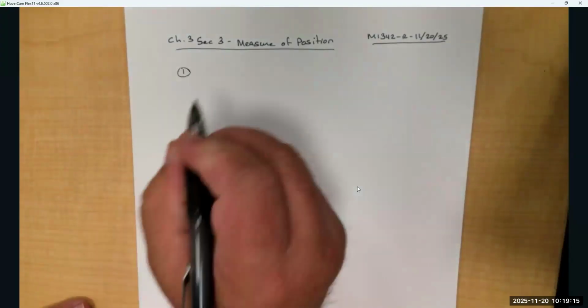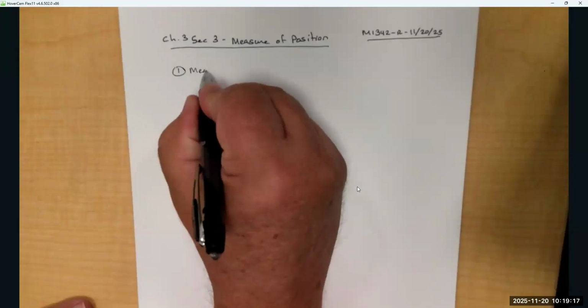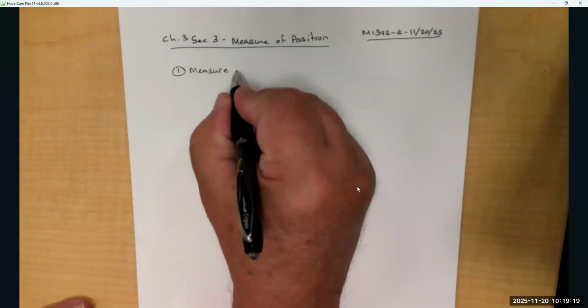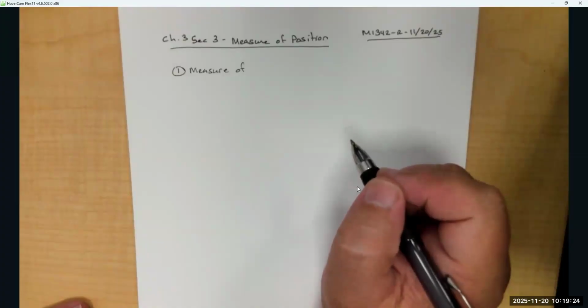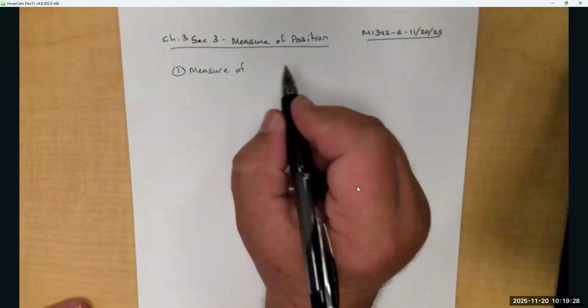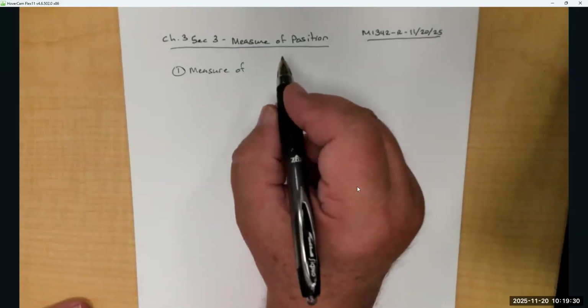This is the third of our measures. What was the first measure we did? Very good. What kind of tendencies? Very good.